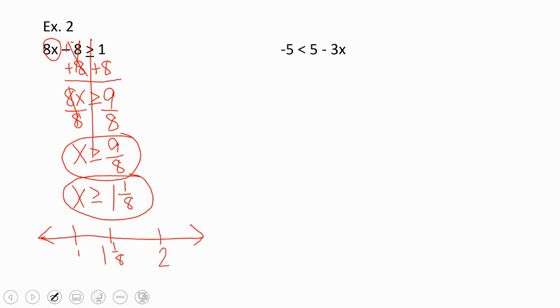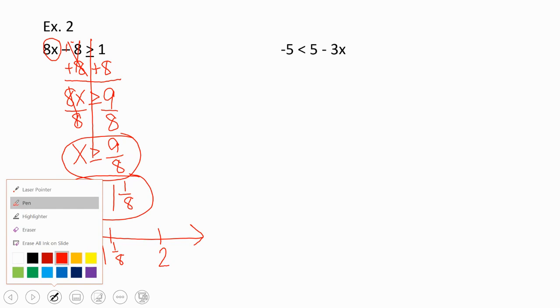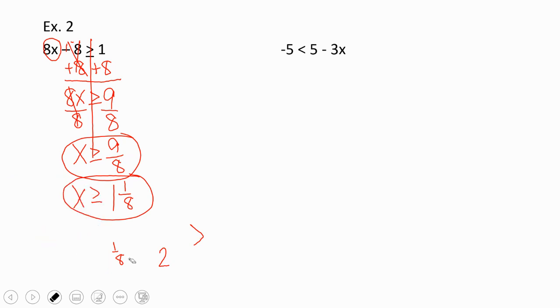It's greater than or equal to, so it's filled in, and it is greater than, so all the numbers that are to the right are bigger. All right, last one.